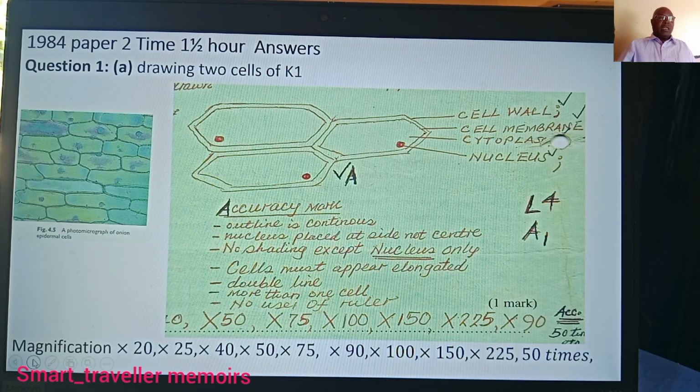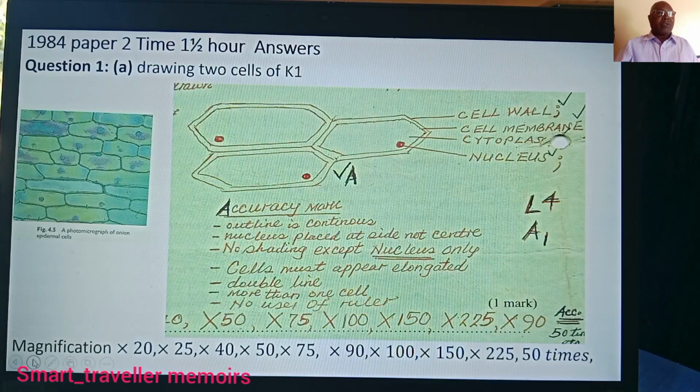You can see the cells there, where we have labeled in one of them cell wall, cell membrane, cytoplasm, and the nucleus. You are supposed to get 5 marks, so there are 4 marks for labels and an accuracy mark. And the accuracy mark is awarded because of the following reasons.